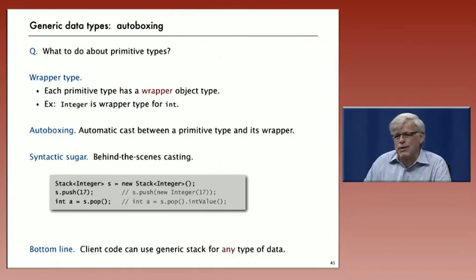Integer with a capital I is the wrapper type for int, and so forth. Many of you are probably familiar with that. And there's a process called auto-boxing, which automatically casts between primitive types and wrappers. So all of that handles the problem of dealing with primitive types behind the scenes.